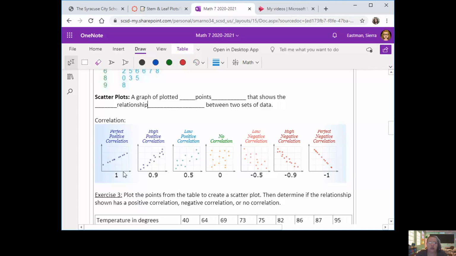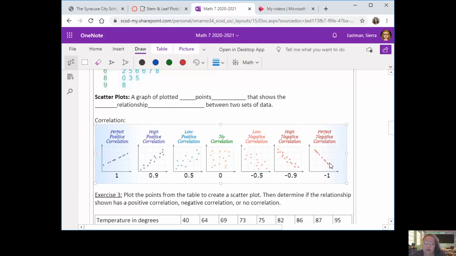And so you go from a strong relationship or a perfect relationship to a pretty high positive or a low positive. They're getting farther and farther apart. Or if you're directly in the middle, there's no correlation, has a very weak strength there. Or low negative and high negative, all the way to that perfect negative that we were talking about. Okay. So what we're going to do is practice drawing some scatter plots and then figuring out which correlation they have based on our sort of chart here.